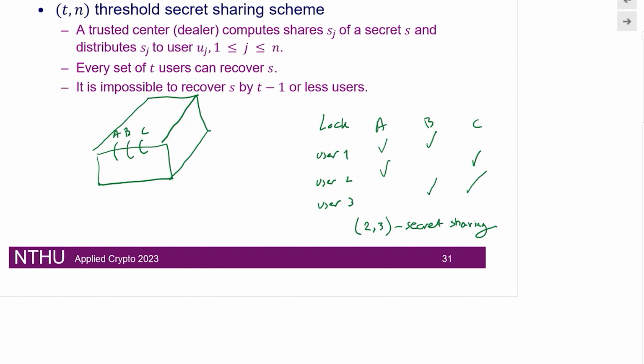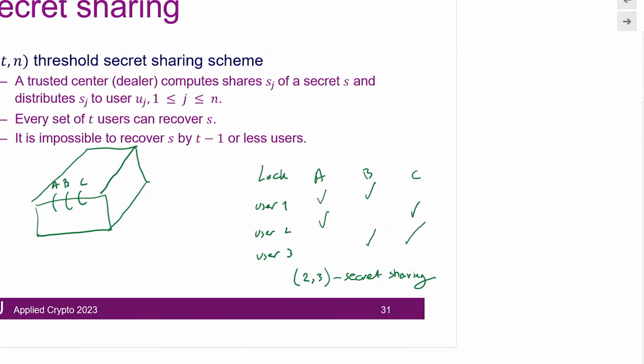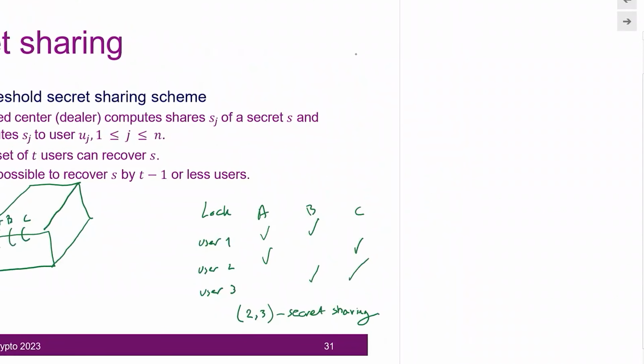So overall, the way that it works in math, if you want to formalize it, is that you have a secret S, and then you have n users, U1, U2, U3, all the way to Un. And then you chop the secret S with some method, and you give every user a piece of that: S1 for this one, S2, S3, all the way to Sn.